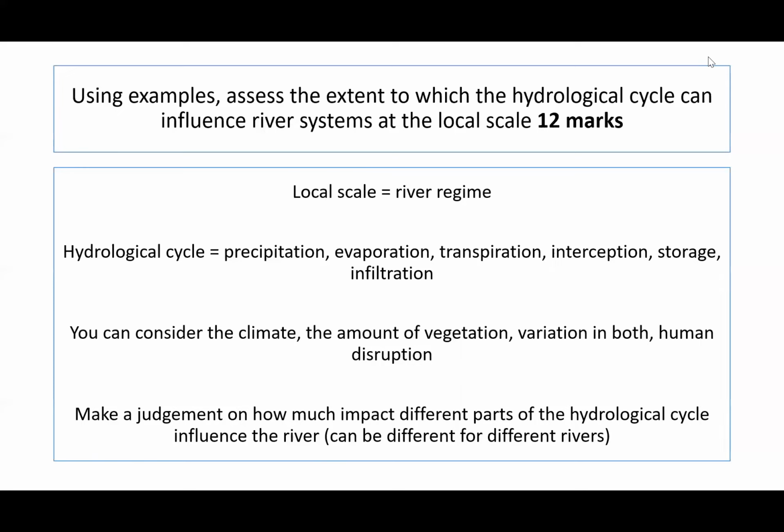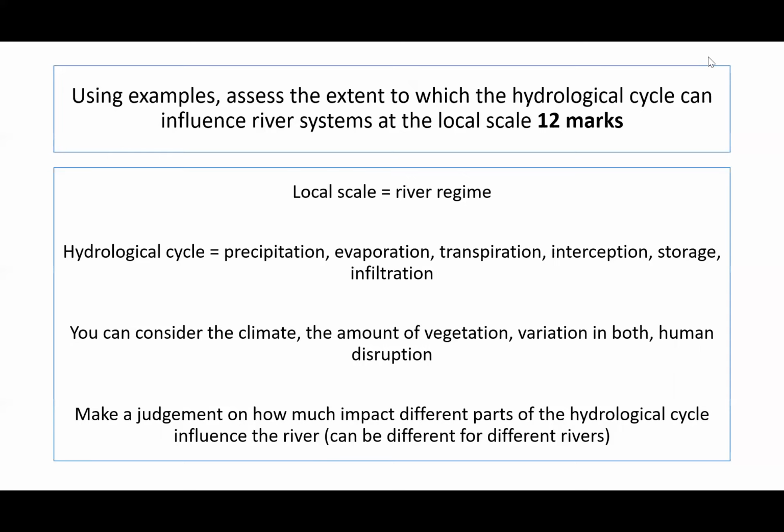Whereas you might say the dry and arid climate of the Nile has a huge impact on levels of evaporation. But obviously the Nile has the Aswan Dam built across it, along with loads of other dams. So it's not an easy question in that there's a clear answer.